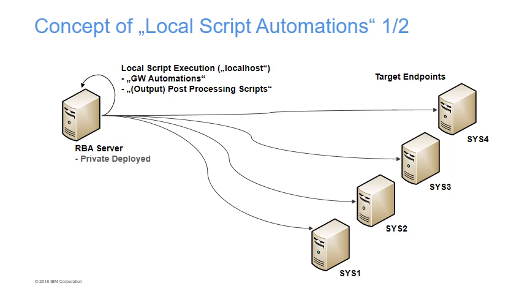So if you chose to install the RBA server with a private deployment, then you specify localhost as target for those local script executions, and then the gateway automations and post-processing scripts will run on that local server. Remember, you still have to prepare that local server the same way as you prepare endpoint systems. That means you have to copy the SSH key to the localhost system where RBA is installed in order to be able to run gateway automations or post-processing scripts.